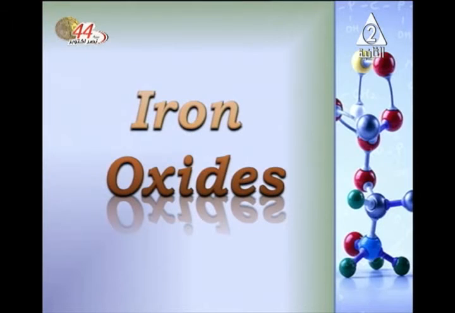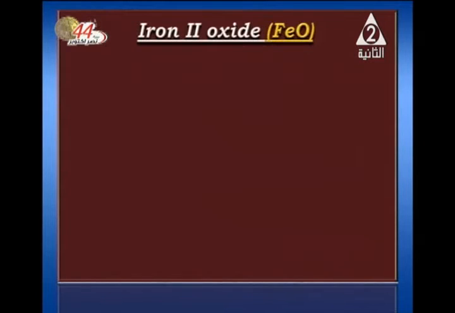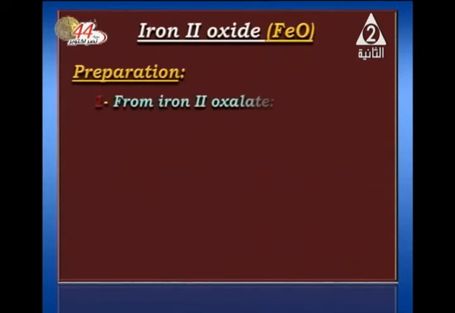Now, we are going to discuss the iron oxides. We are going to discuss first iron 2 oxide or ferrous oxide. The preparation of iron 2 oxide from iron 2 oxalate.